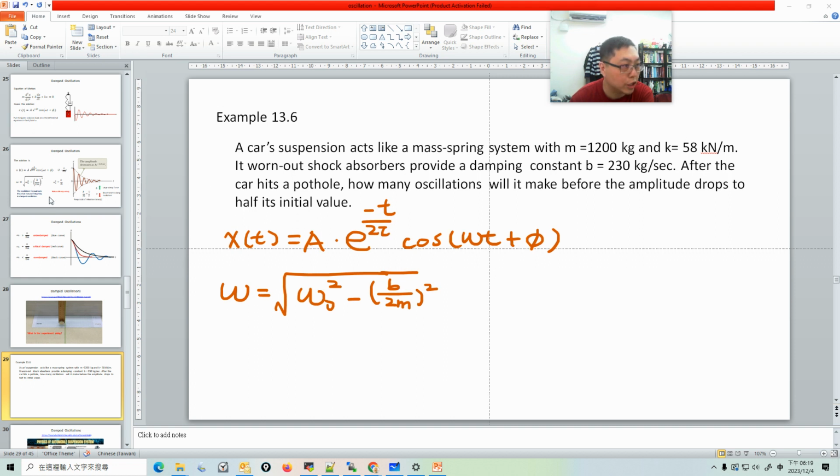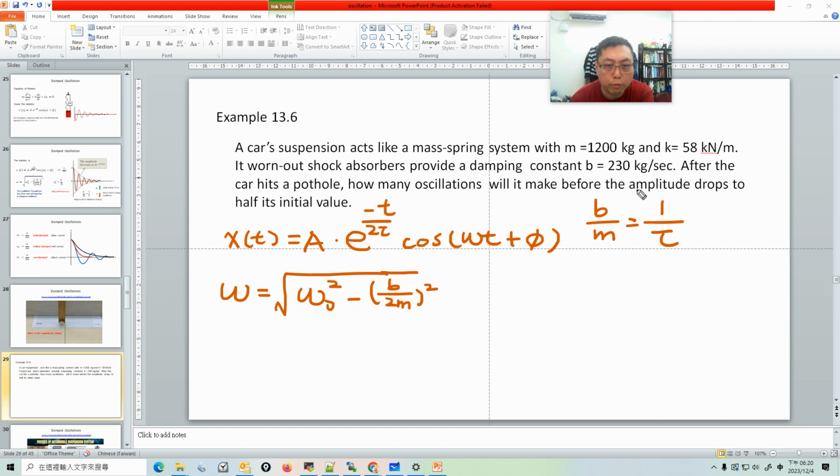Yes, that's our frequency, the angular frequency of damped oscillation, and here is the solution. In the previous video, I said tau is called the relaxation time, and b over m is the reciprocal of the relaxation time. I think that's all the useful information.